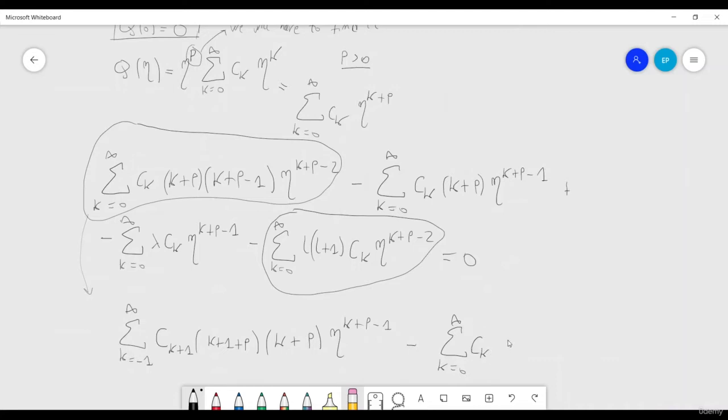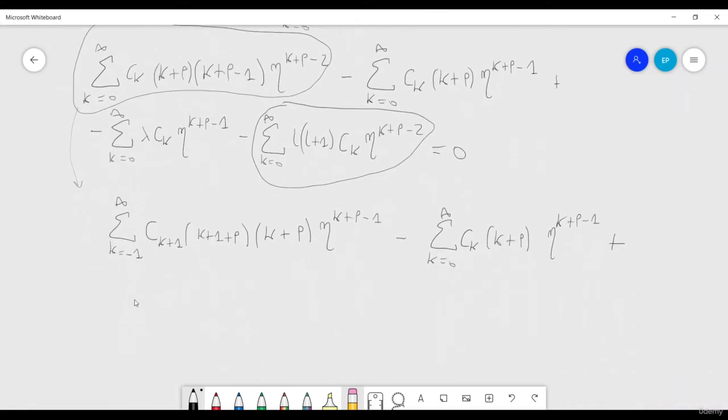C sub k, k plus p, eta to the power k plus p minus 1, and then I have minus sum from 0 to infinity of lambda c sub k, eta to the power k plus p minus 1, and then I have minus the sum from minus 1 here, so I will let this summation start from minus 1, and I have to replace where I see the index k with k plus 1.